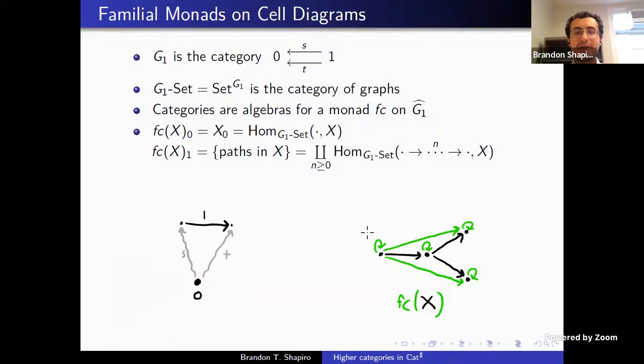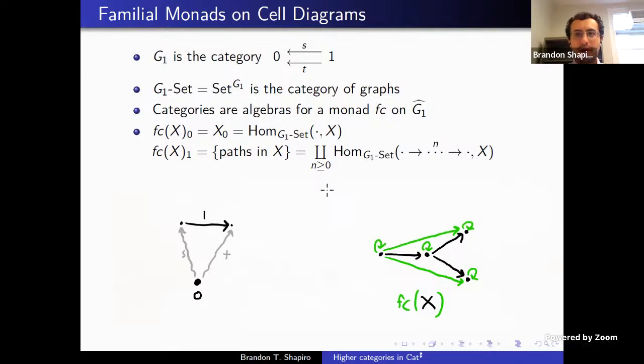So in particular, the set of paths in X, which is edges in our free category, is given by the disjoint union of maps from these walking length n paths into X. So when n is 0, it's just a vertex. When n is 1, it's just an edge. When n is 2, it's these 2 successive edges that you see we've added in a composite for here in green.